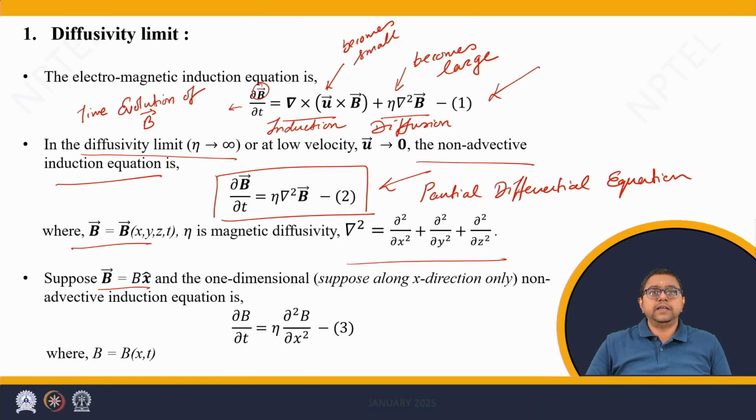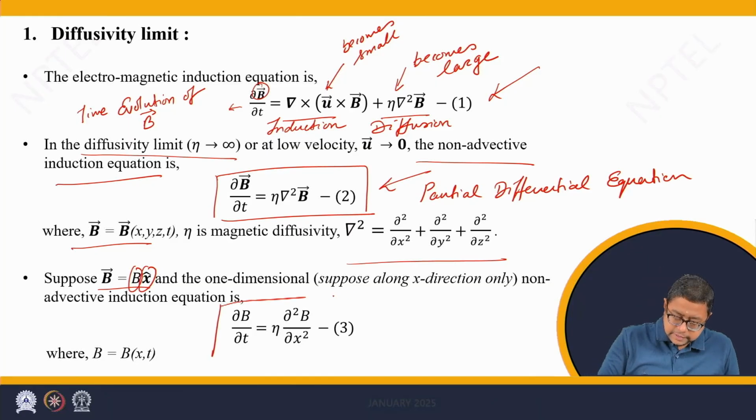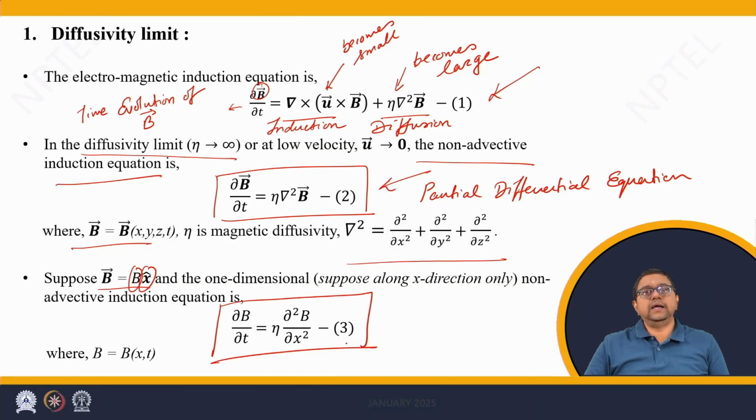Now, let's say B vector is given by the magnitude B and the direction is x vector. Thus, the one-dimensional non-advective induction equation is now simplified from 2 to 3, given by del B by del t equals eta del square B by del x square. Here, B is only a function of x and t and hence the one-dimensionality.